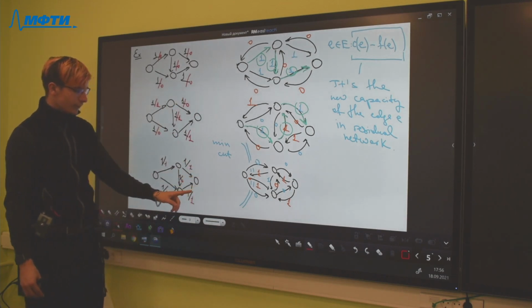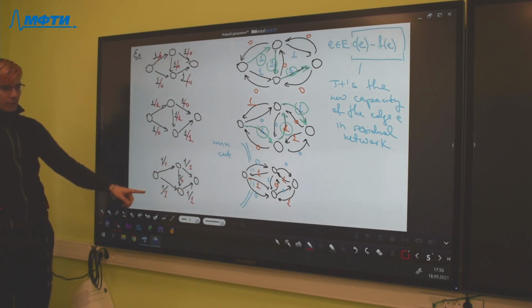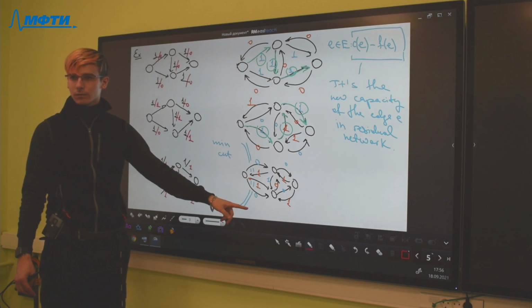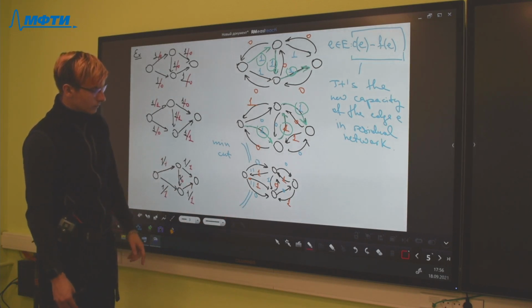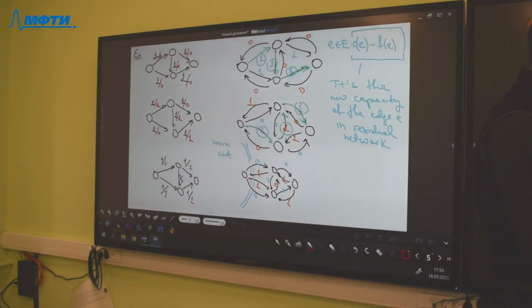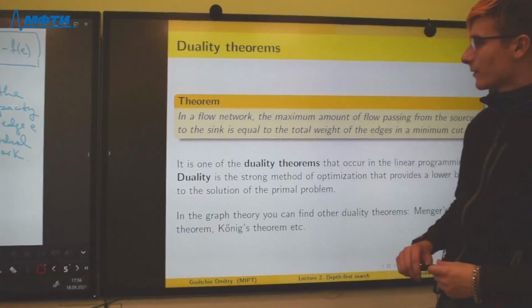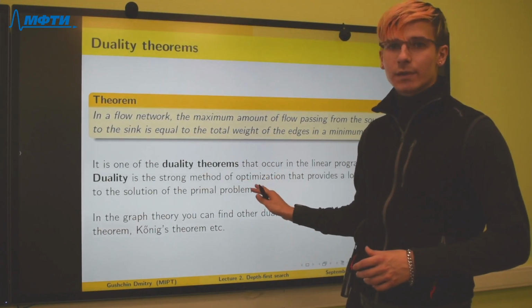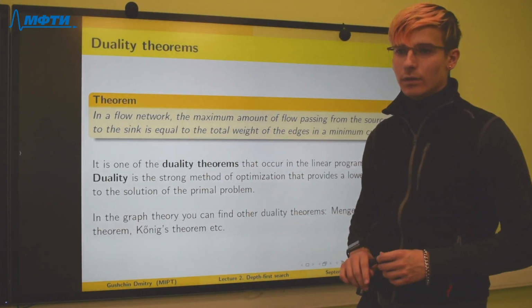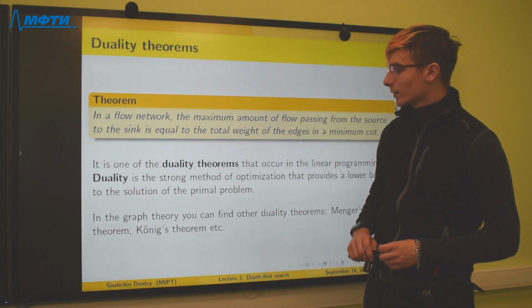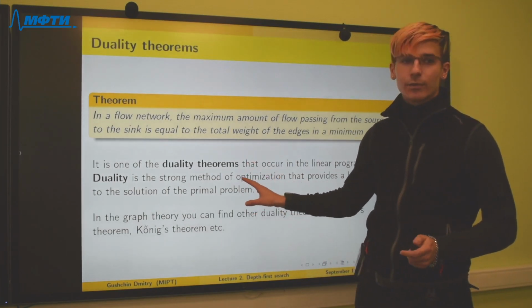First, to find maximal flow, and second, to find minimal cut. And it is important to understand that we have this method, and maybe if we have time at the end of our course, we will talk about duality and other linear programming problems that we can solve with the duality method.